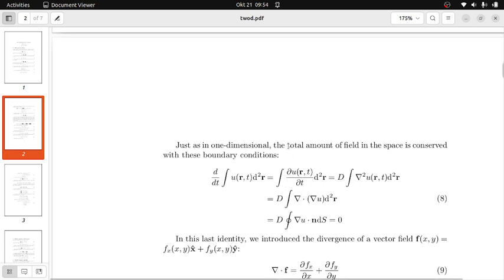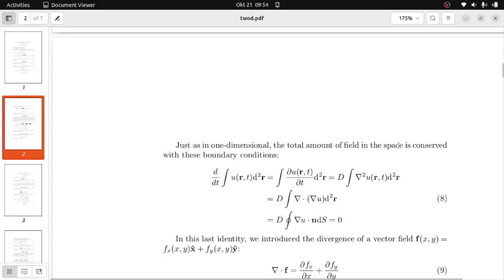It says that integrating the divergence of a vector field over a surface is equivalent to integrating that vector field, scalar product with the normal of the boundary that surrounds it.